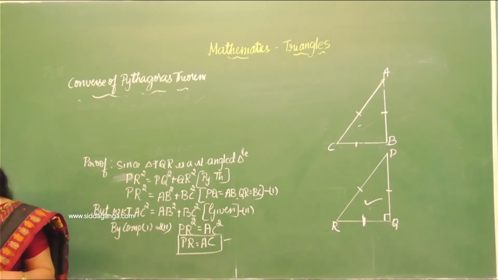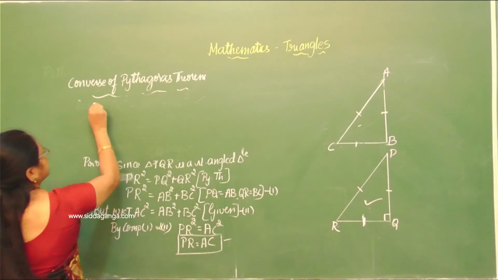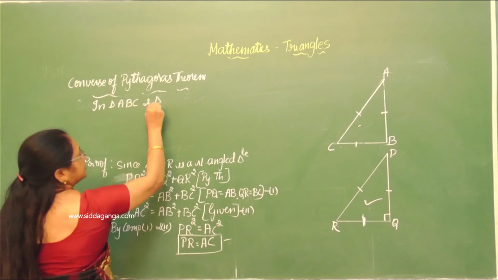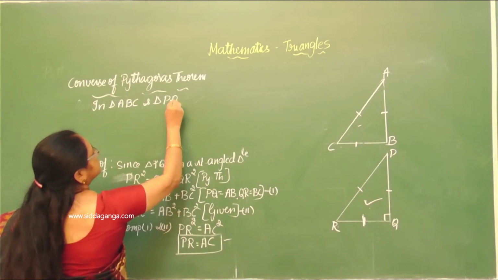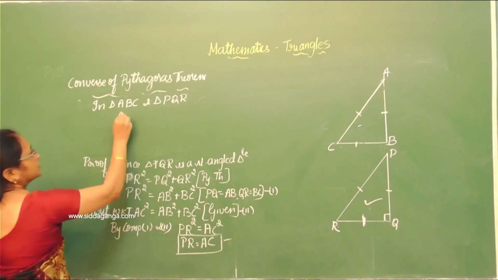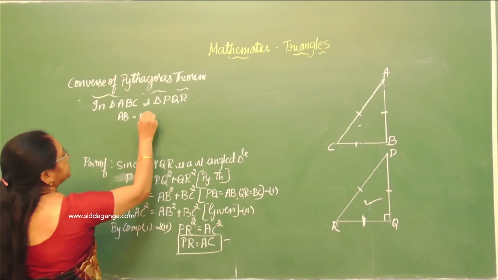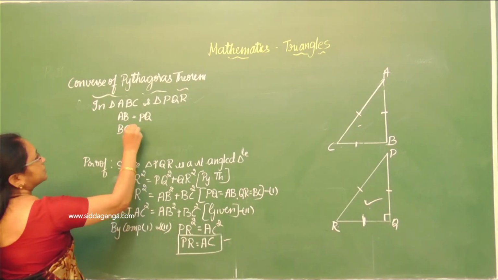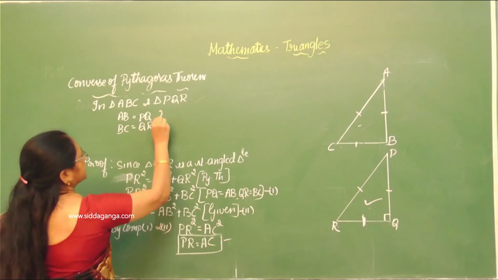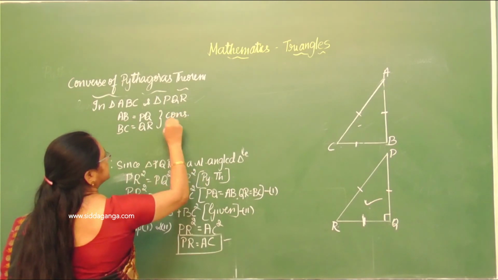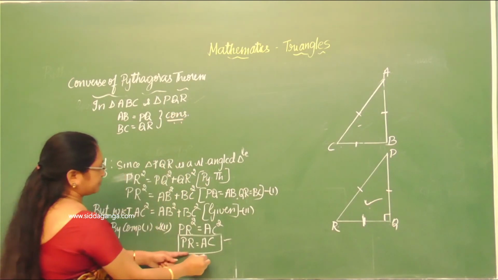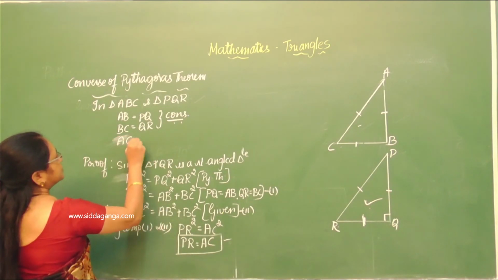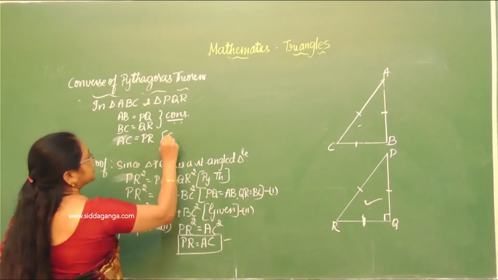Now continue. So now in triangle ABC and triangle PQR, AB is equal to PQ and what else? BC is equal to QR, by construction. Next, just now we proved AC is equal to PR as proved above.